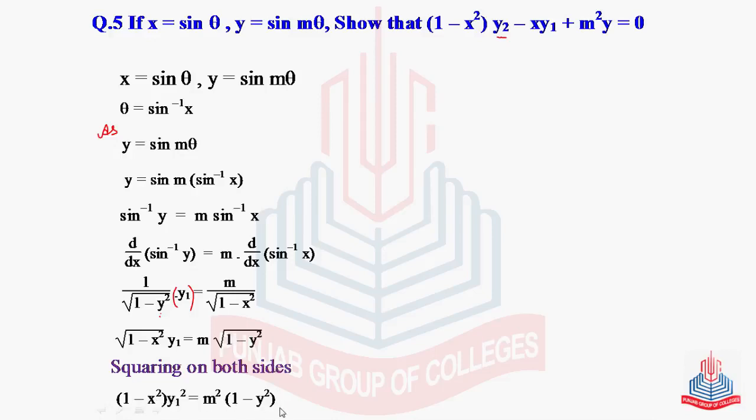So this one is actually in the form of the first derivative. Now to find the second derivative, or to prove our required result, we have to find the second derivative.